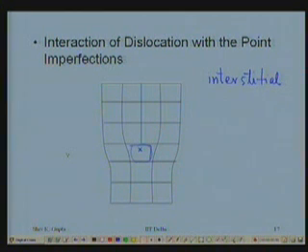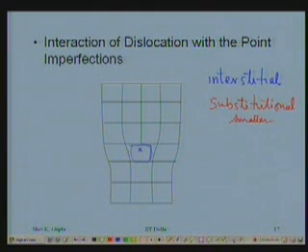Right? Similarly, I can have substitutional impurity atoms. Substitutional atoms could be smaller, could be bigger. If I have a smaller substitutional atom, it requires less space to sit. So where would it sit? Towards the edge, towards the half plane, right?